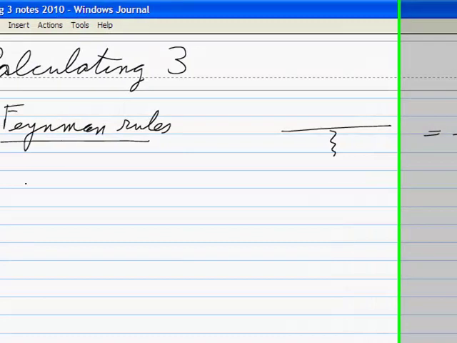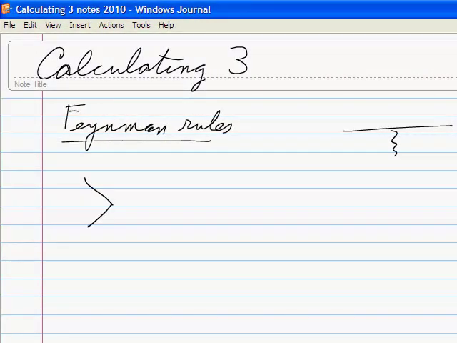The homework problem had to do with e plus e minus, so it's called P1, P2, goes to mu plus mu minus. I'll make it symmetric, so P3, P4.